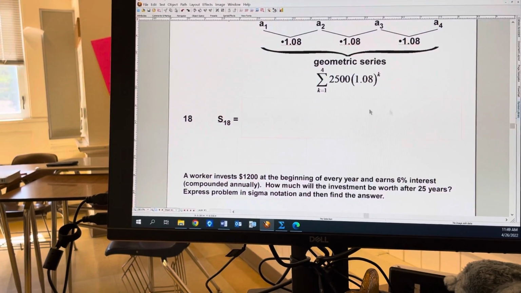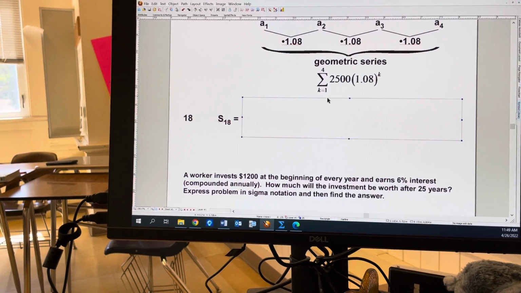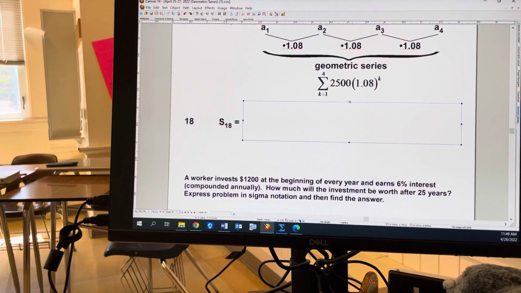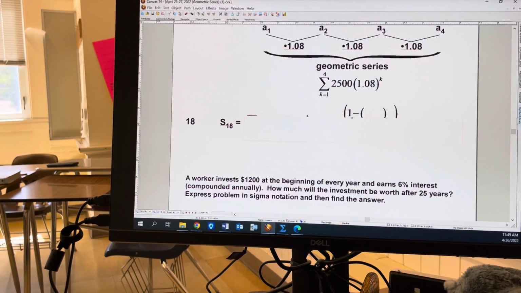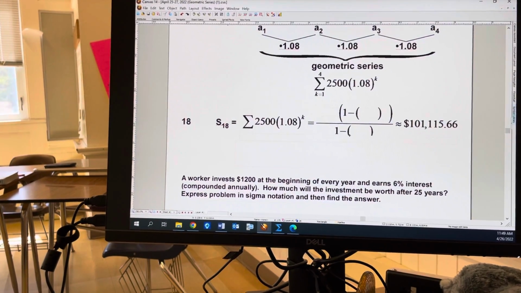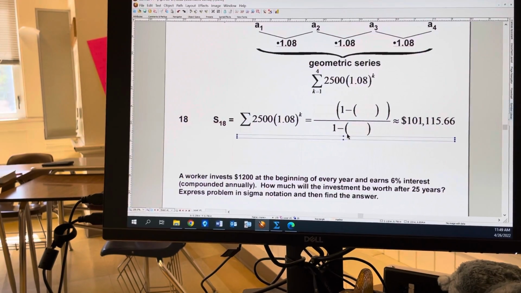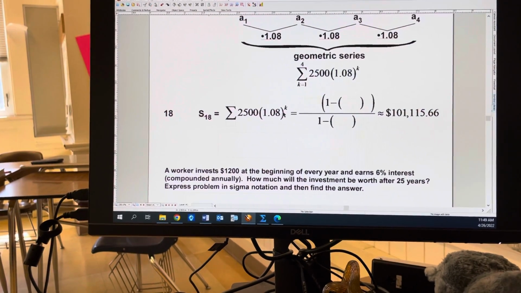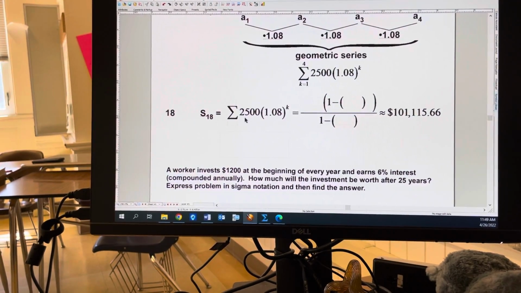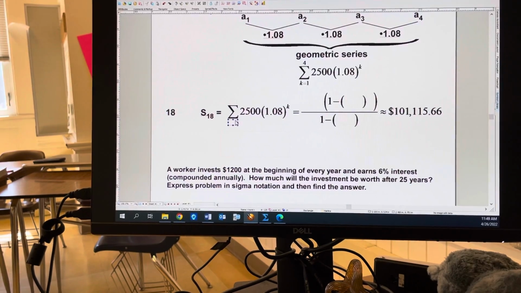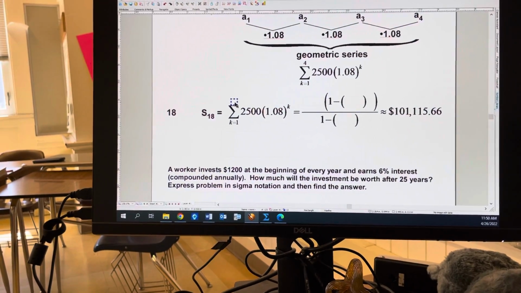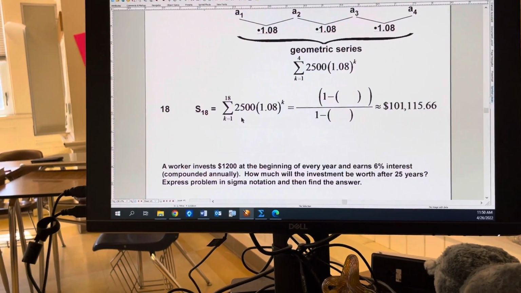So let's now look at what if we're going to have 18 years. Here is our 18 years. We still have the same formula, 2,500 times 1.08 to the K, but this time K is going to go from 1 to 18.